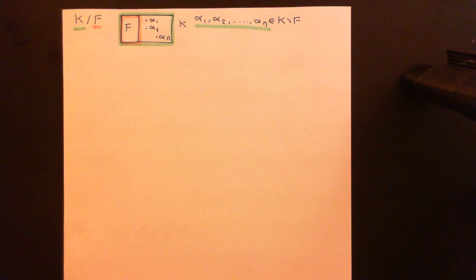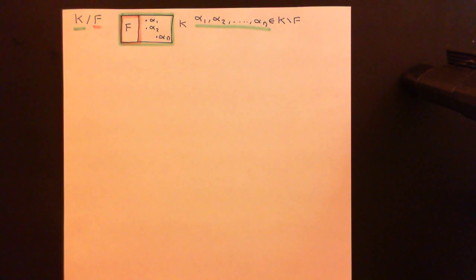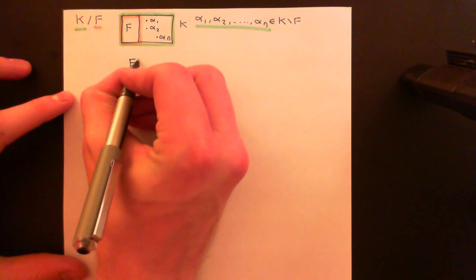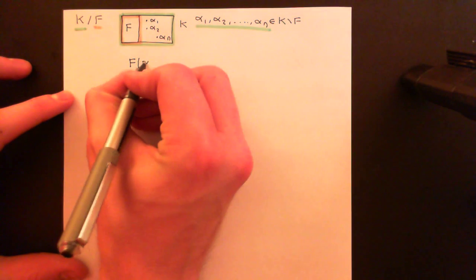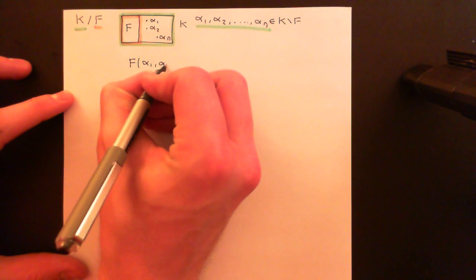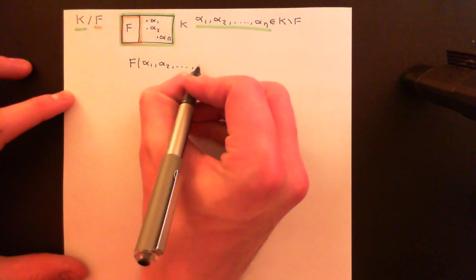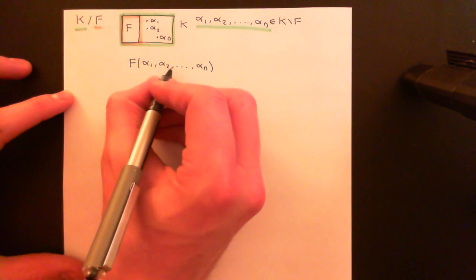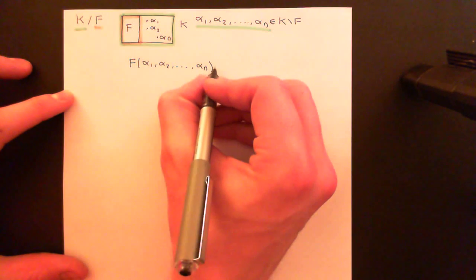Okay, right. So what I'm now going to define is what's called the field generated by these elements alpha 1, alpha 2, all the way up to alpha n over F. It's denoted, and I'll write it here, F and then curly brackets, alpha 1, alpha 2, all the way up to alpha n. You just read this as F of alpha 1, alpha 2, all the way up to alpha n.